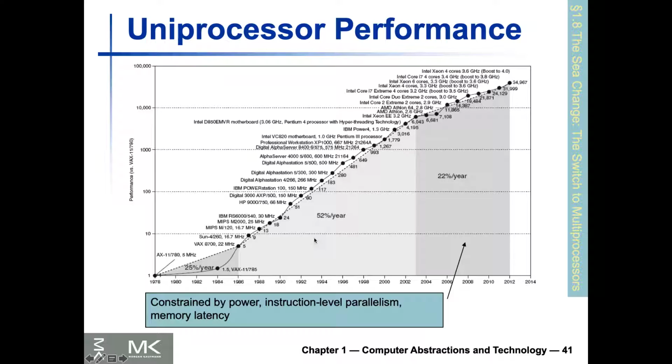And this graph only shows the uniprocessors. We're not talking about the multi-core or many cores by now. We'll touch on that later, right? So the 52% where the clock speed is increasing, that is over now. As I mentioned, it's now more architectural innovations, multi-core, many cores.